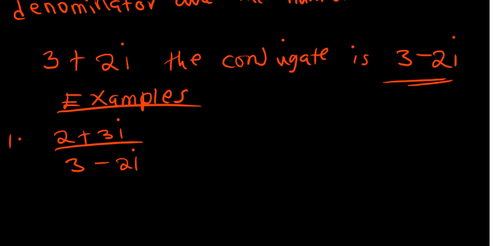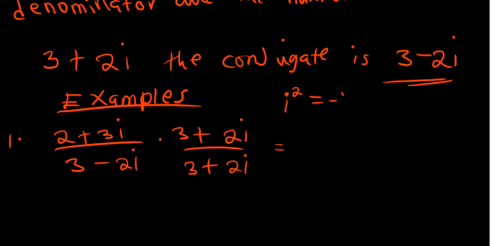So the conjugate of the denominator will be 3 plus 2i divided by 3 plus 2i. Here you also have to consider the fact that i squared is equal to negative 1.